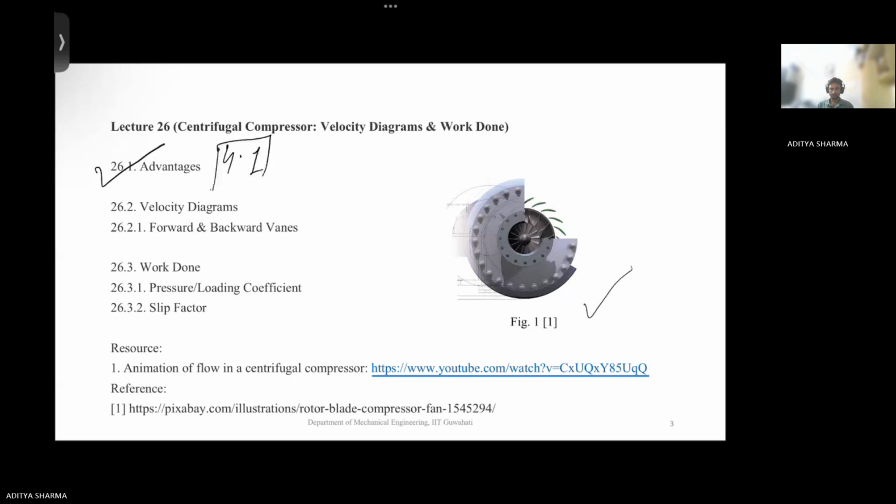Then also it is used for low volume rates, low flow rates. So it can handle low flow rates. And if you want to have high flow rates, in that case, you will have to switch to axial compressors.